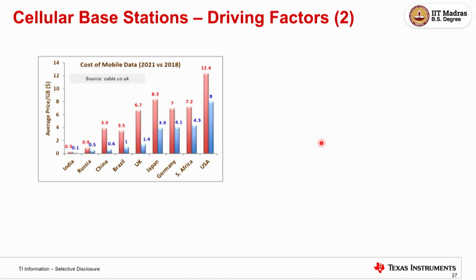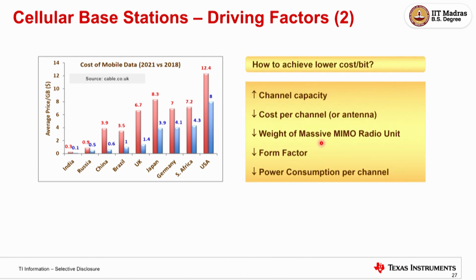If you see this, the push is to get lower cost and higher bandwidth. You can see on the left side that India has actually one of the lowest costs for mobile data. I think we don't like to pay. We want 1 Gbps, 2 Gbps, 10 Gbps, but we don't want an increased bill.